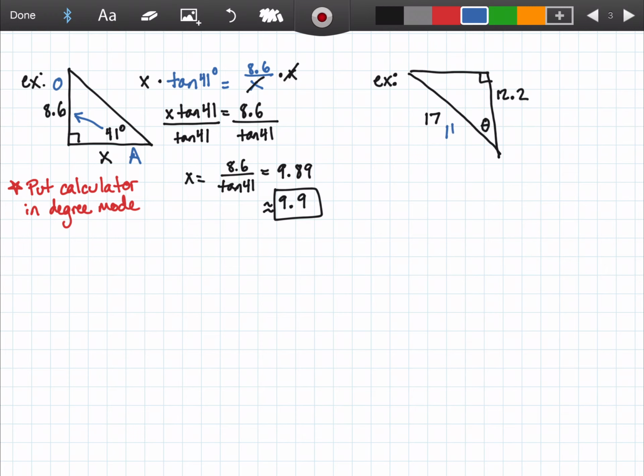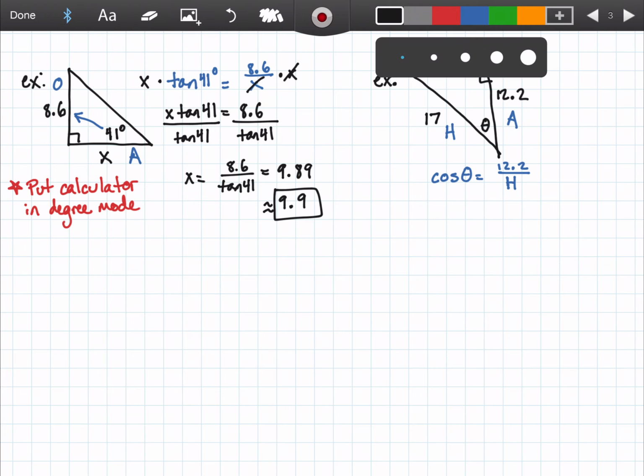I have the hypotenuse and I have the adjacent, which means that I know that cosine of theta equals adjacent over hypotenuse. Well, to find an angle, we are actually just going to use the inverse trig. Inverse trig, all that does is match an angle to its ratio.